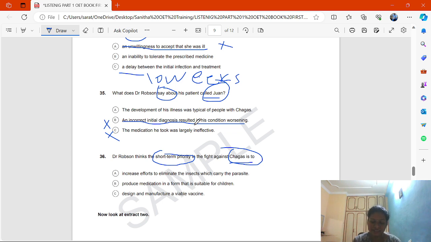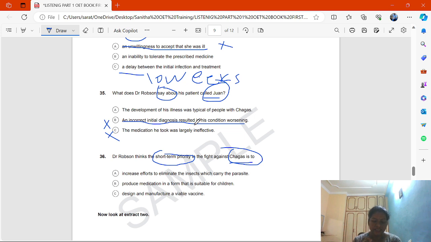Here he is suggesting the main recommendations are rest, exercise, and appropriate diet, because Juan is an old patient. 8 years ago he was diagnosed with dilated cardiomyopathy, and Chagas also was detected. If he had been tested for Chagas earlier in his life, his long-term prospects would have been better.